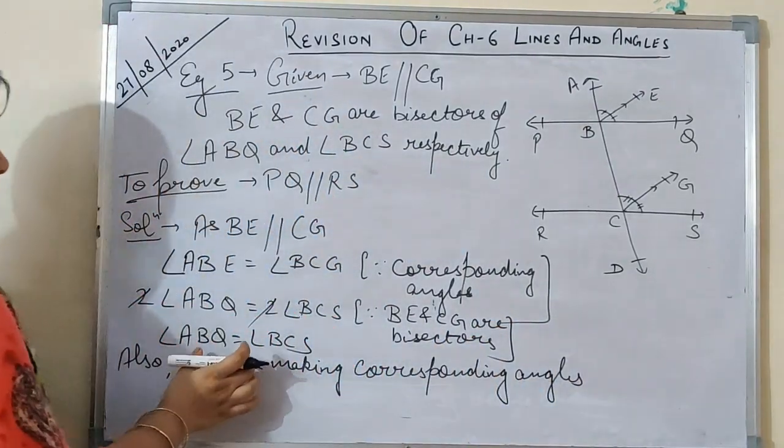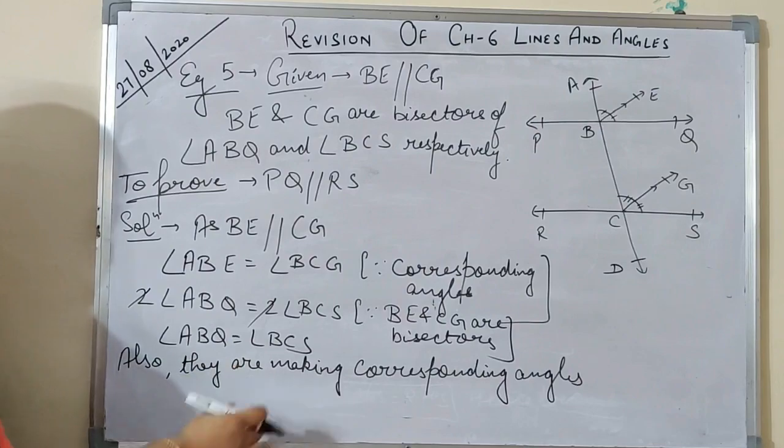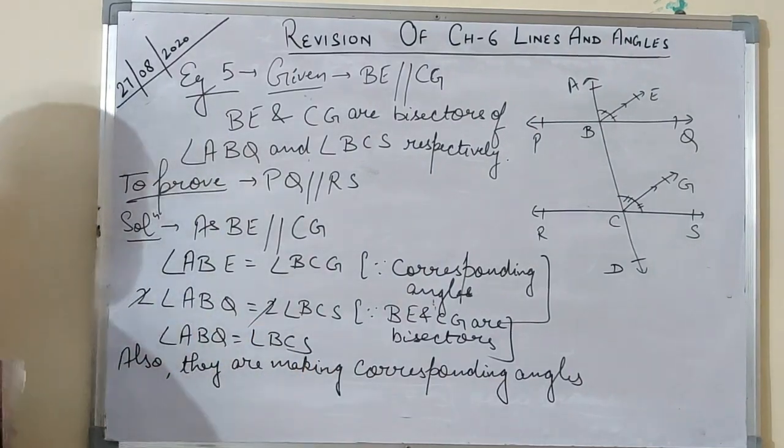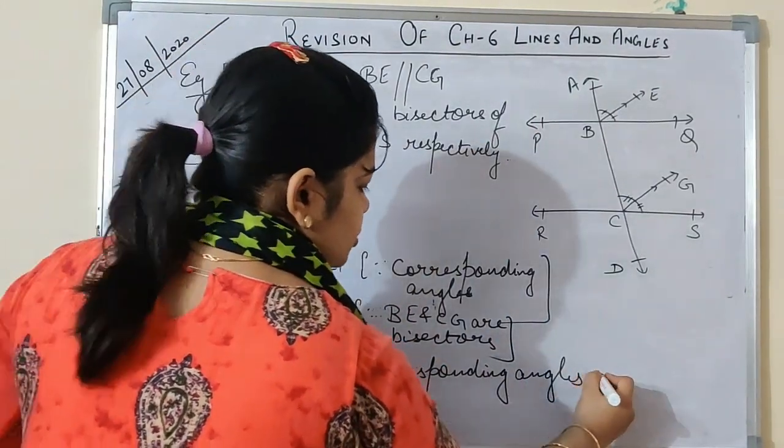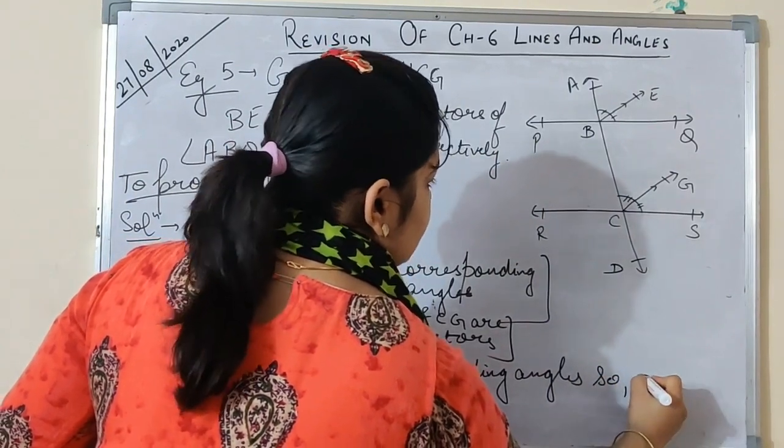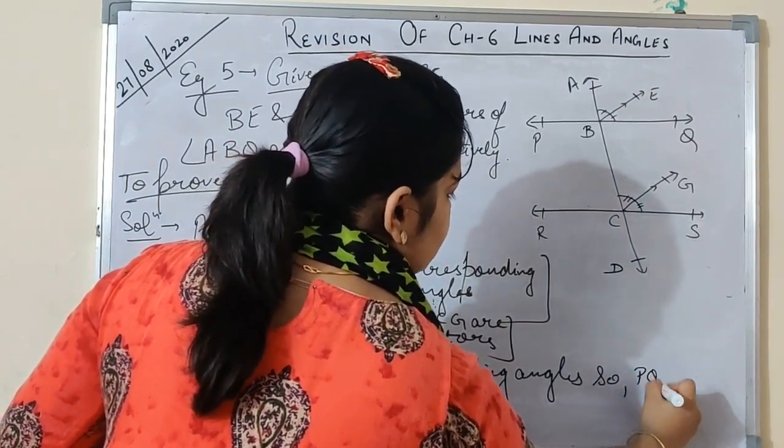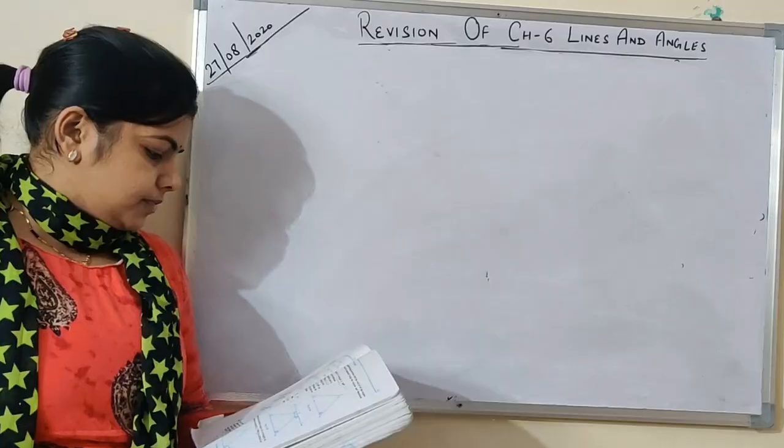As they are equal and also making corresponding angles, we can say that PQ is parallel to RS.